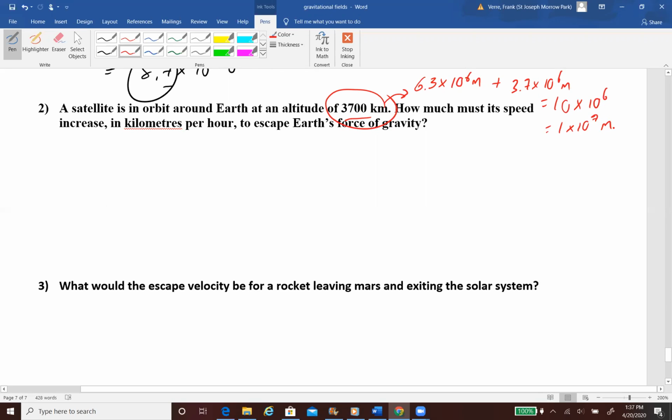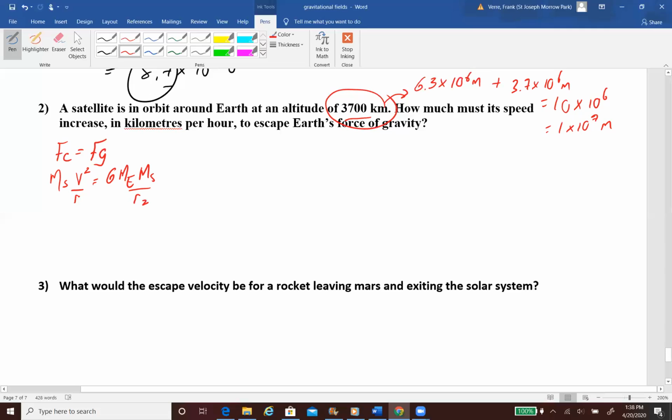Okay, so first we're going to figure out its actual speed. If you remember previously, we were able to figure that out by setting the centripetal force equal to the universal law of gravitation. That would give you the mass of the satellite times v squared over r equals big G, mass of Earth, mass of satellite over r squared.